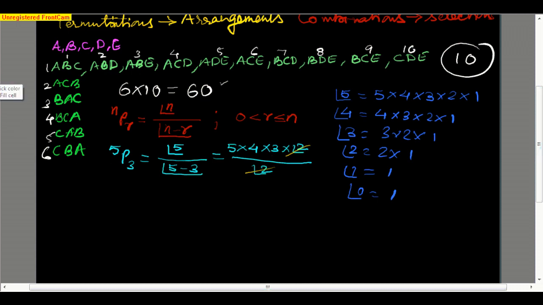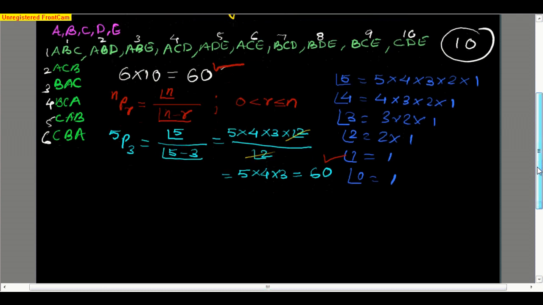You see here it is equal to 5 into 4 into 3, which is equal to 60. So this one is 60 and this one is 60. In this way we can easily find out the arrangements of things by permutation.